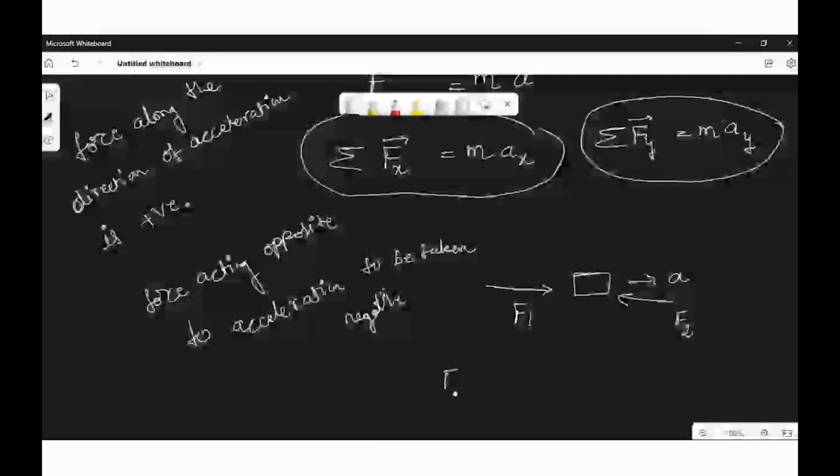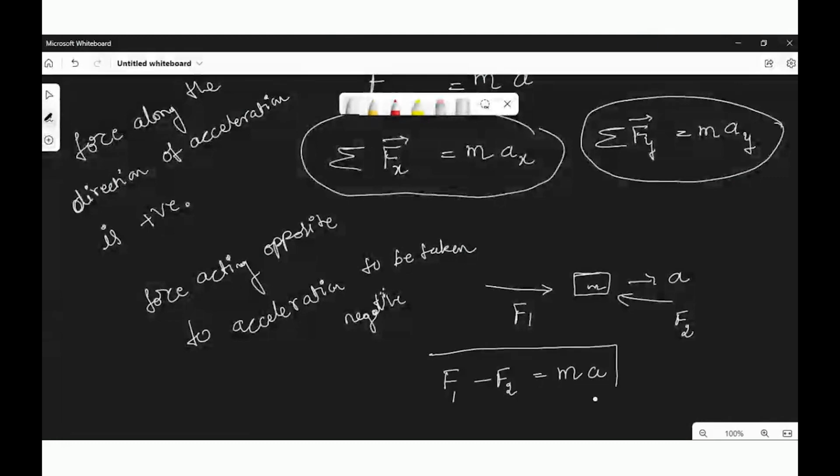When you write the equation for net force, F1 minus F2 should be equal to M into A. This is the meaning of writing F equals M A. When I'm writing net force, I should consider the corresponding directions as well. Forces along the direction of acceleration are taken positive, and forces opposite to the direction of acceleration are taken negative. Then you write F net equals M into A. Understood? Yes.